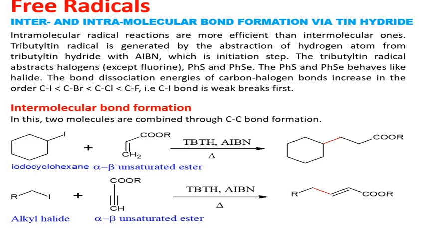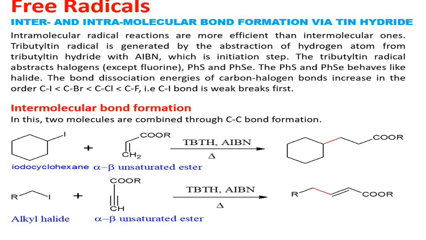The bond dissociation energy of carbon-halogen bonds increases in the order. The carbon-fluorine bond is the strongest, whereas the carbon-iodine bond is the weakest. So no doubt, the C-I bond is weak and it will break first.